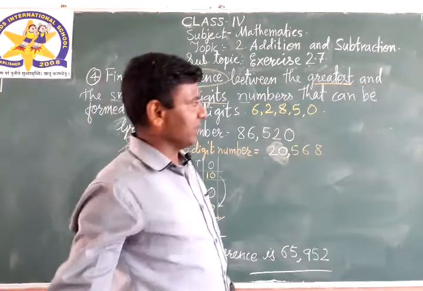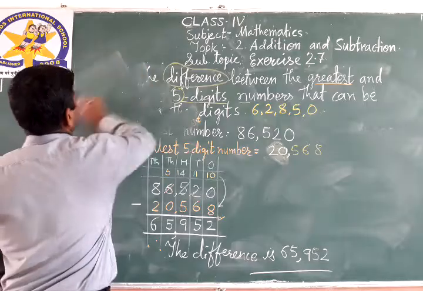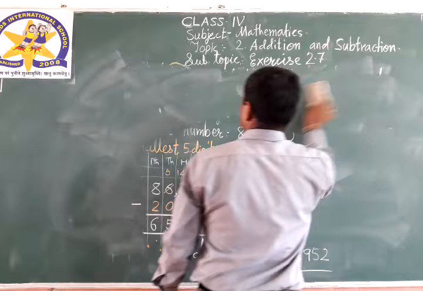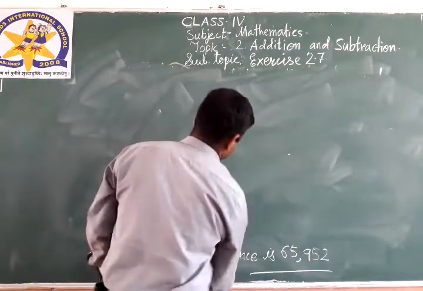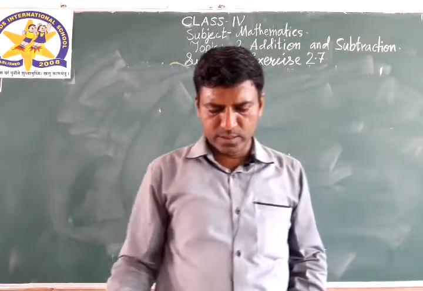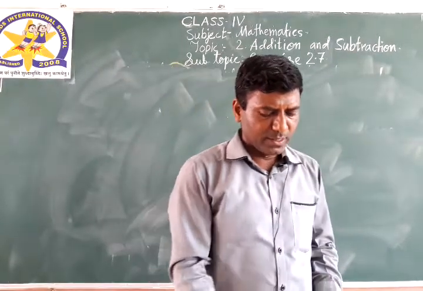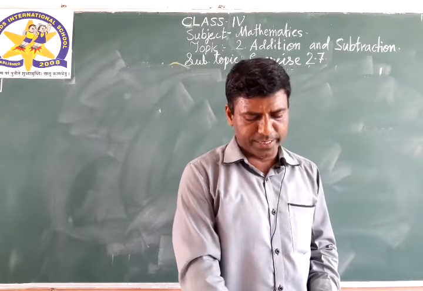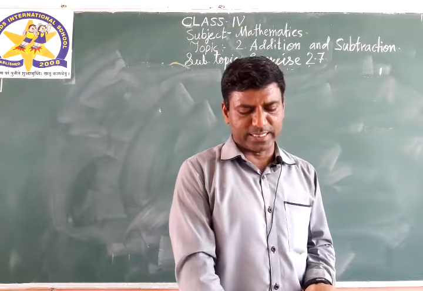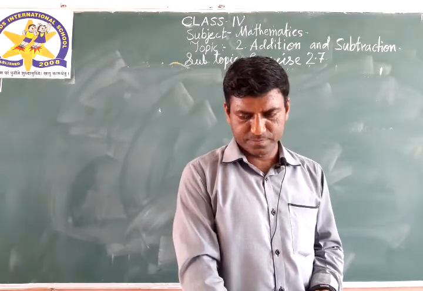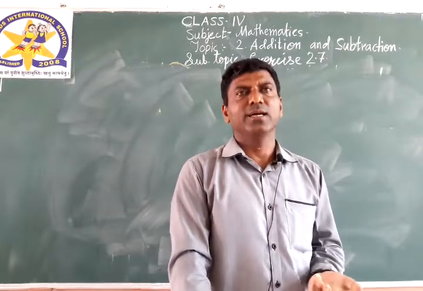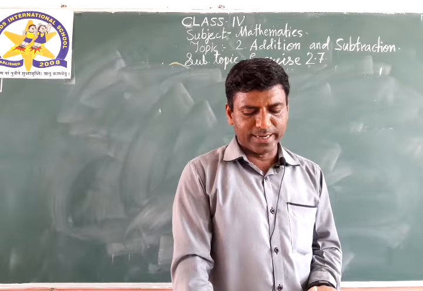Okay. Now the next one. Fifth and sixth, it's very easy. See the fifth one. The price of a car is rupees 4,86,798 and that of a van is rupees 3,980.